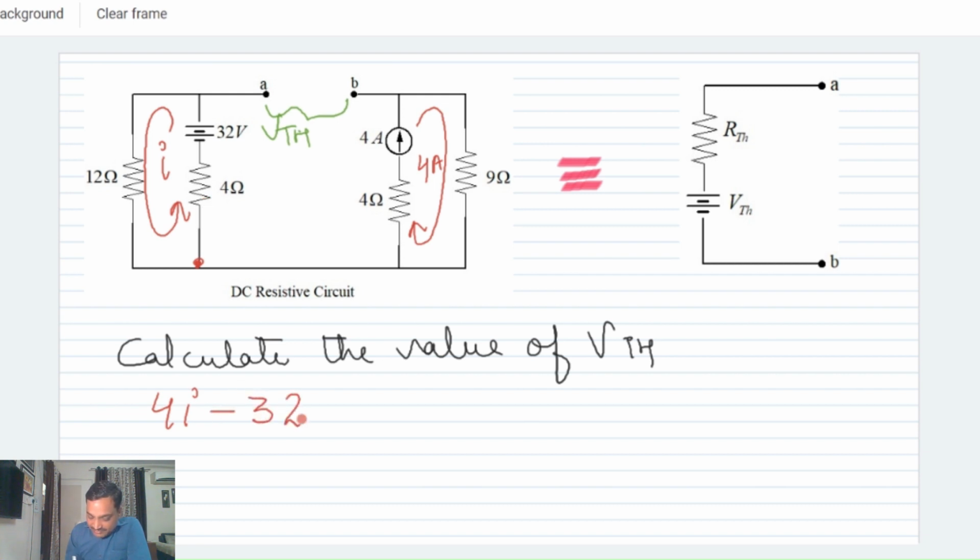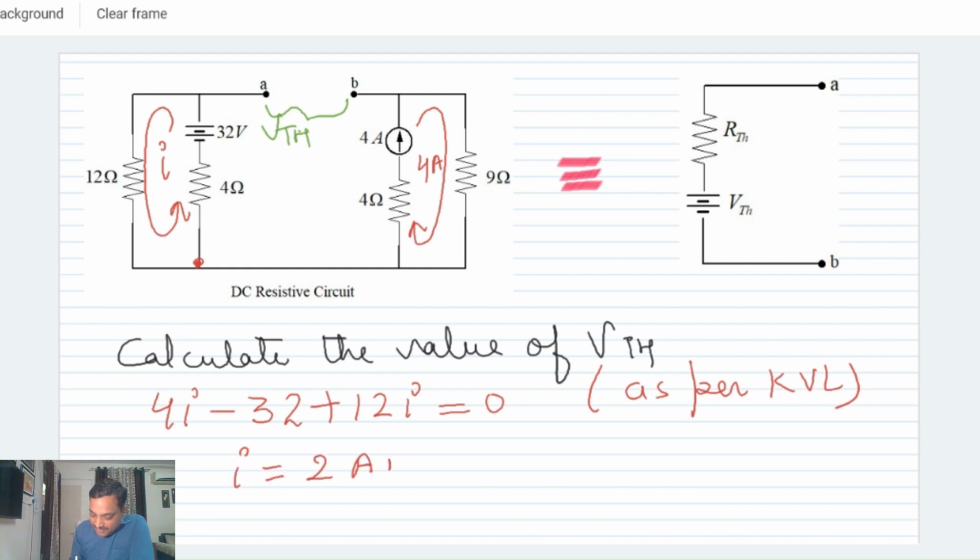Then we take minus 32 as the drop of this battery, plus 12 into I as the drop across this resistor, and this must equal 0 as per the KVL. From this equation, we can easily determine the current to be 2 ampere that will be flowing in this mesh.